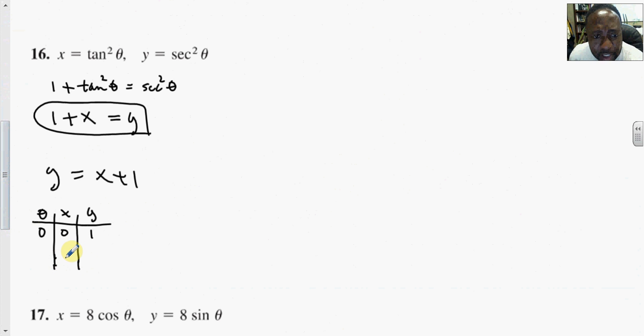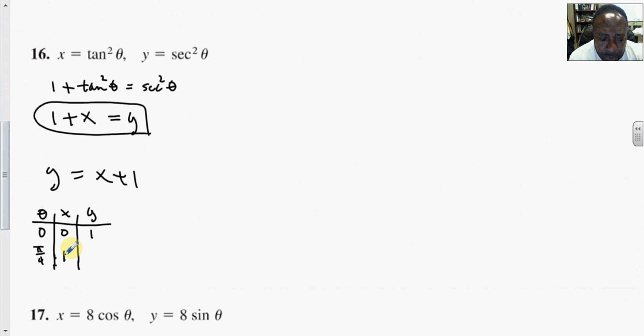So let's take another number for theta, some other angle, excuse me. Let's say that if theta is π/4, then the tangent of π/4 is 1. You square that, you just get 1.